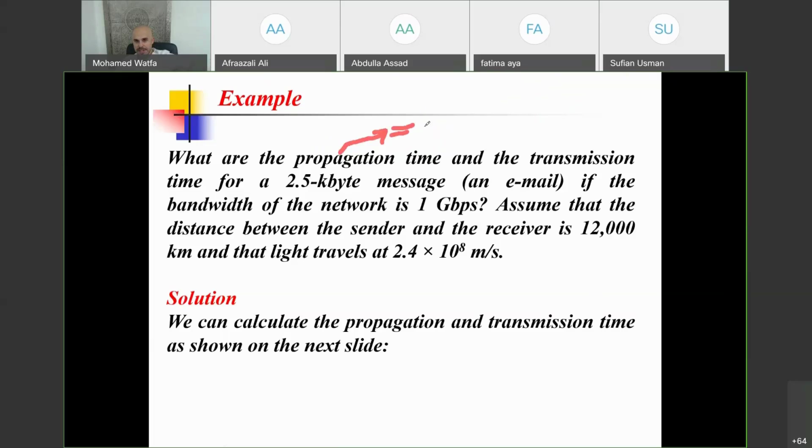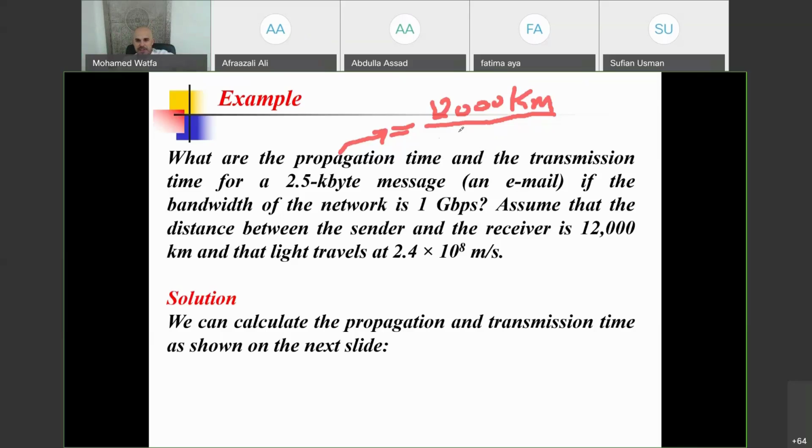Equal distance over speed. What is distance? 12,000 kilometer. Put the unit, please. Keep it as kilometer first, and then we'll convert. Copy it first, and then convert so that you don't forget. But put the unit. Okay, over what? Speed. What is the speed?